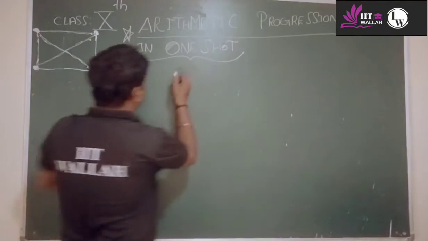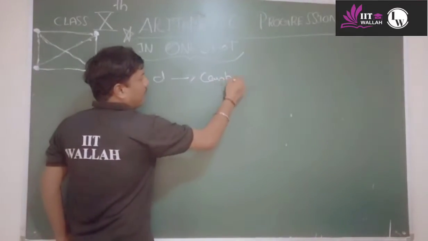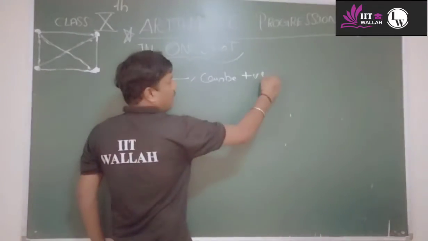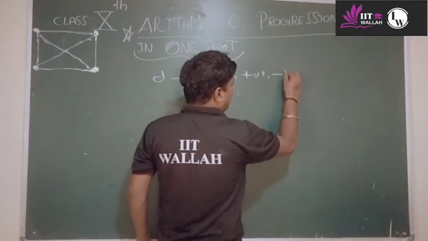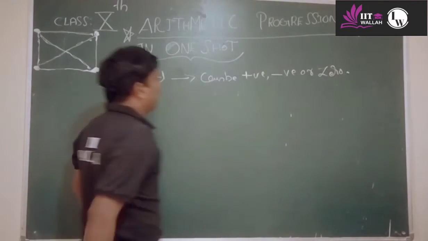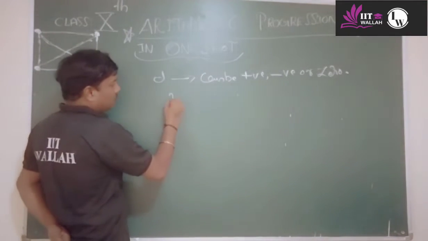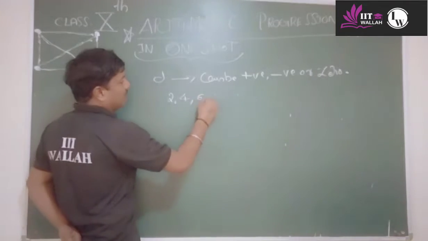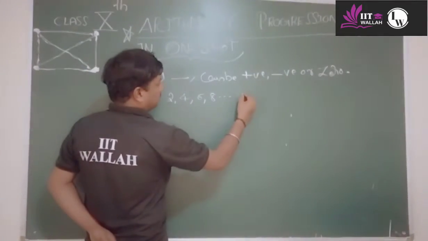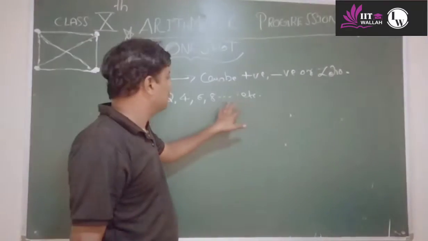And this common difference D can be positive, negative or 0. If it is positive, I will write one example. 2, 4, 6, 8, etc. See, it is not ending.